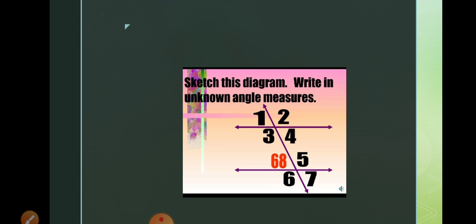If angle 4 is alternate with angle 8, then angle 4 will also be 68. Angle 1 is vertically opposite to angle 4 because two lines cross each other, so angle 1 equals angle 4. Directly, you can also say angle 1 equals 68 because angles 1 and 8 are corresponding angles, so they are equal. In this way, you have to identify the measures of all the angles without measuring, only using the angle properties.